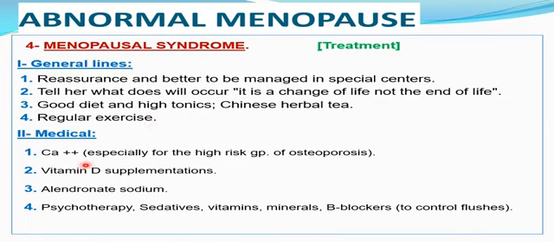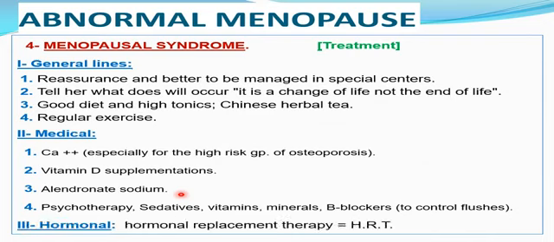Do small, infrequent, regular exercise. Give her calcium or foodstuffs containing calcium, vitamin B supplementation or alendronate sodium. This helps calcium and vitamin D deposition in bone. Psychotherapy, sedatives, vitamins, minerals, and beta blockers to avoid hot flashes.